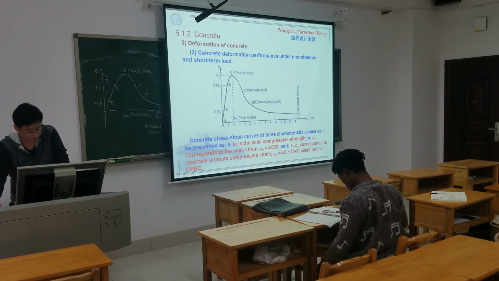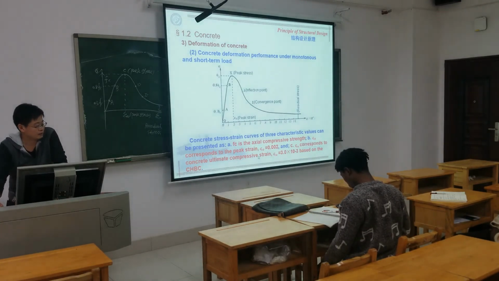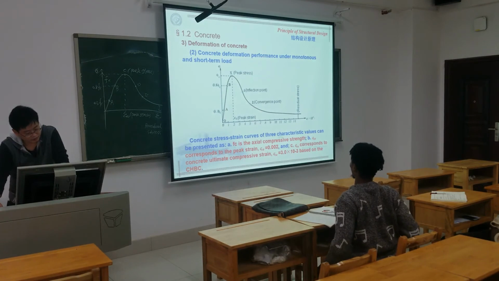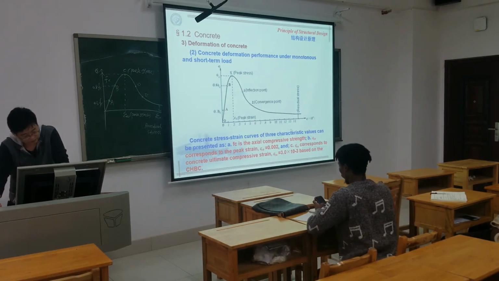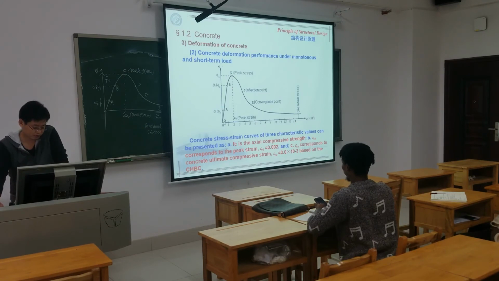In China we use this value, the ultimate compressive strain. Actually, not only in China, other countries also use this value. So this is the complete deformation performance under monotonous and short-term load.